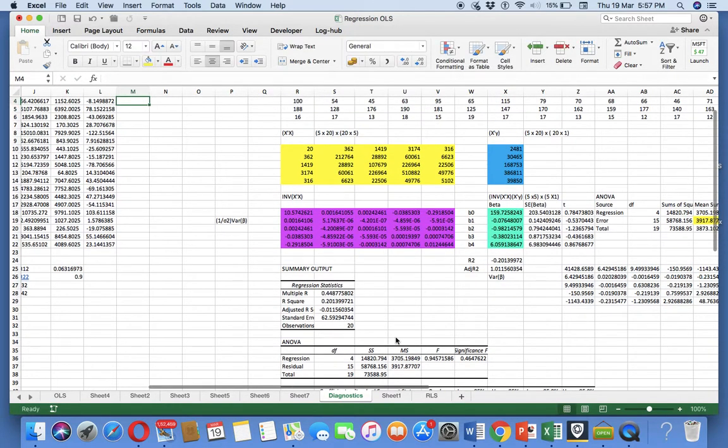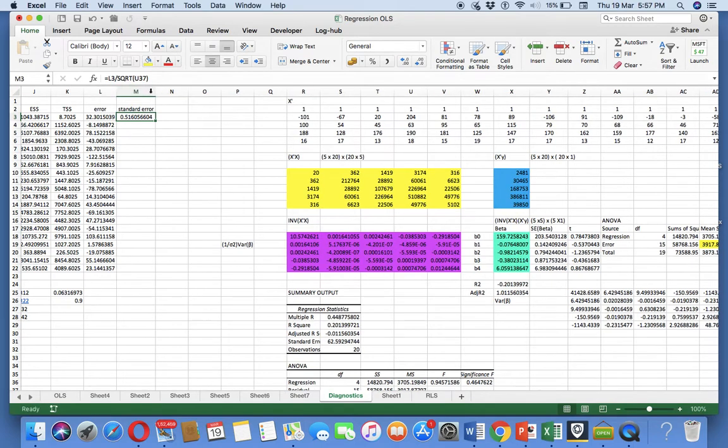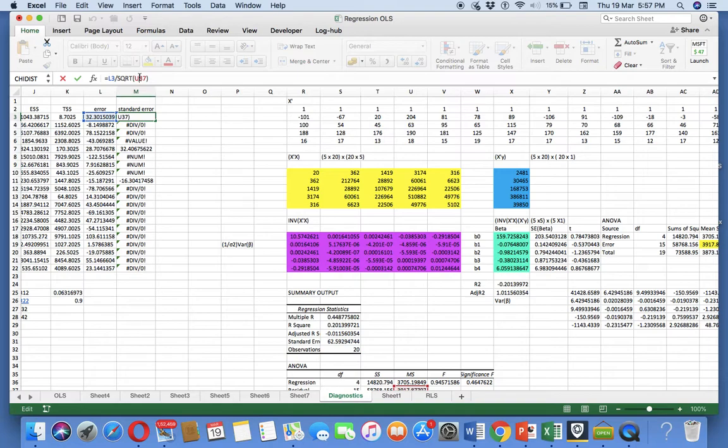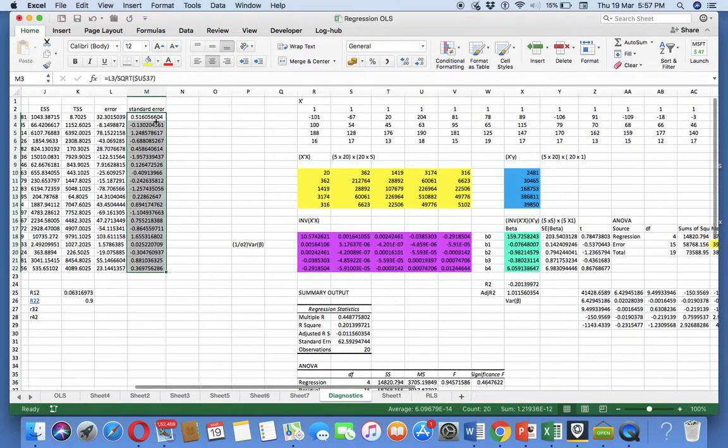So you get another error which is called the standardized error. This is the raw error. This is called the standardized error.